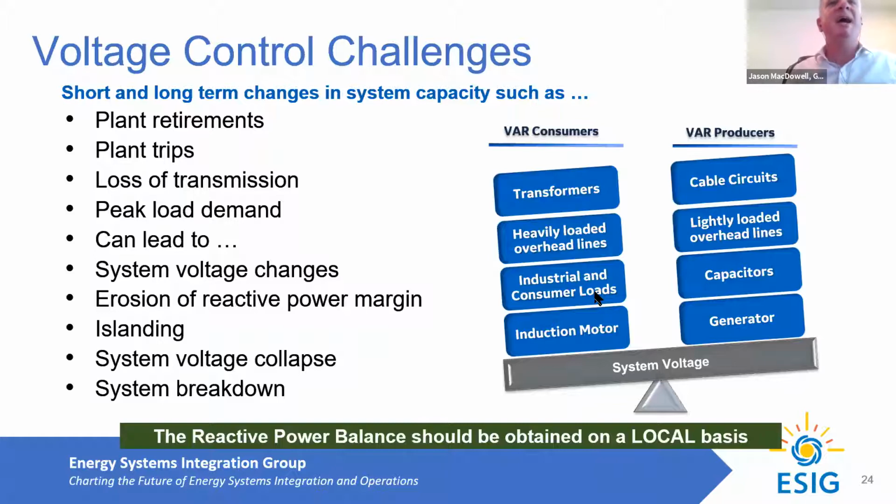And the other aspect that we want to really pull on is that the challenges with voltage control are very localized. VARs do not travel well. Local stability of voltage regulation happens on a plant-to-plant basis, an inverter basis, and trying to maintain voltage is very localized with the balance and stability of every resource on the system.